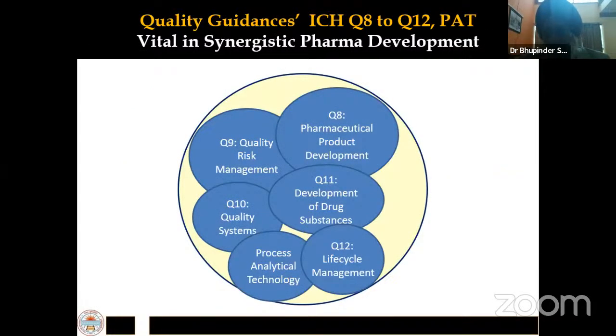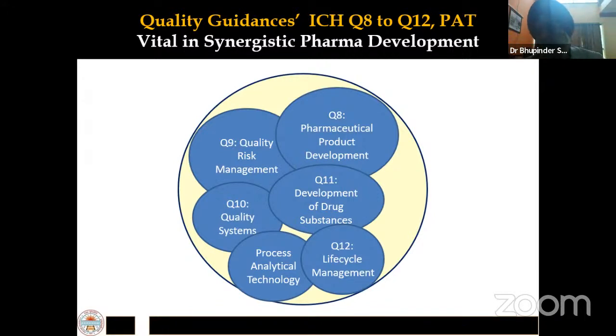And nothing to worry about. There are ICH guidances, Q8, Q9, Q10, Q11, Q12, and PAT, which have been released over the years to let the quality of the drug product be ensured. And all of these are QBD driven projects.